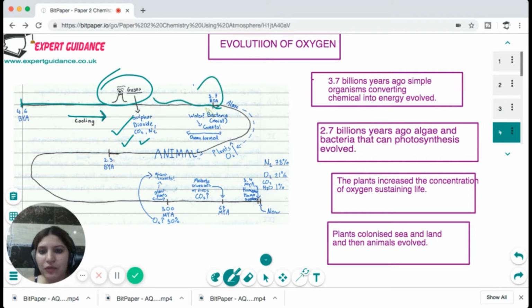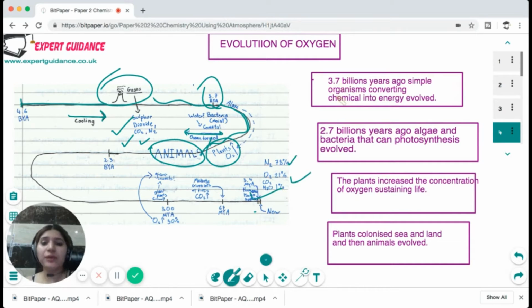Around 3.7 billion years ago, bacteria developed, and when the oceans were formed, algae developed, which photosynthesized and evolved oxygen. When oxygen evolved, the animals evolved. Now the present atmosphere is 78% nitrogen, 21% oxygen, and 1% other gases.